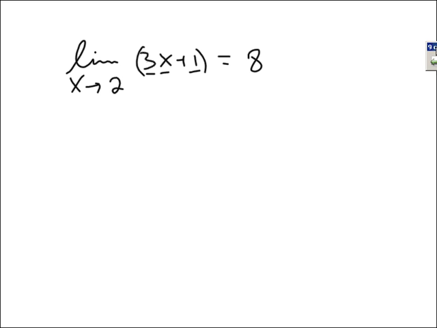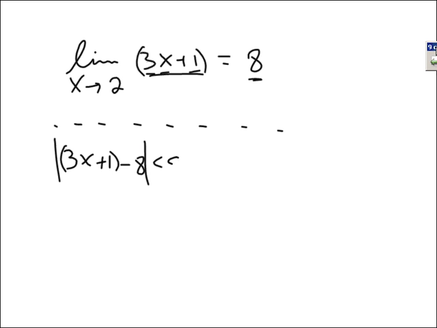I'm going to make a mistake, saying 8. So I must show, given any epsilon greater than 0, that I can find delta greater than 0 such that the absolute value of 3x plus 1 minus the limit, 8, is less than epsilon. That guarantees that the absolute value of x minus c is less than delta.